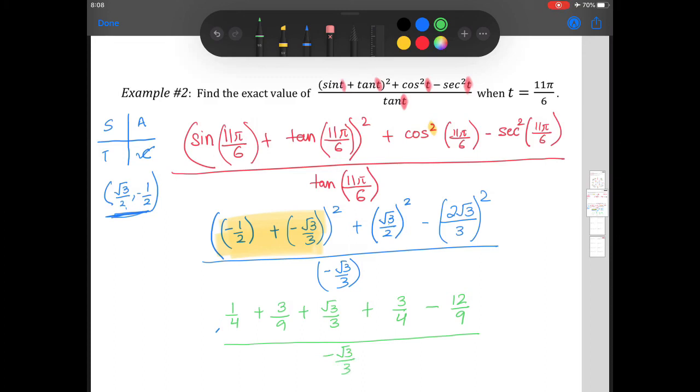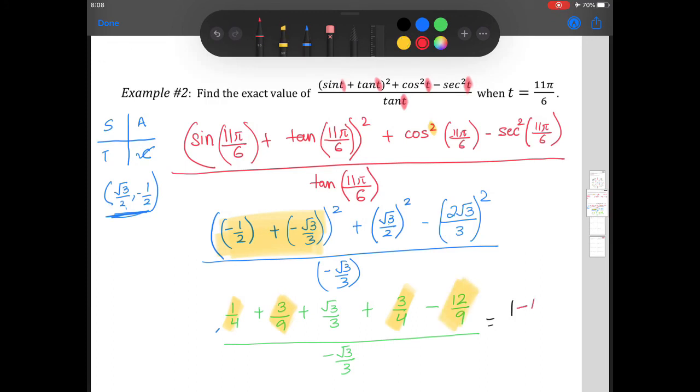So if you simplify the numerator in your head, rather than taking the common denominator, all I'm going to do is look here, 1/4, I saw that, 3/4. What's 1/4 plus 3/4? It adds to 1. Then I have 3 9ths and negative 12 9ths.